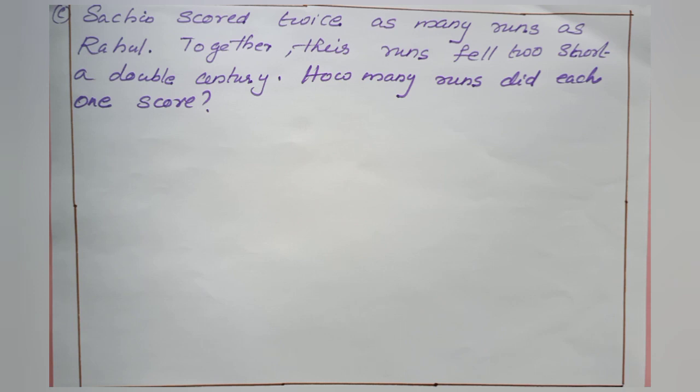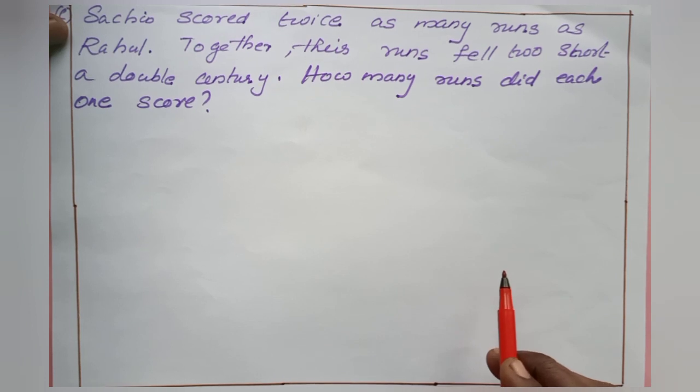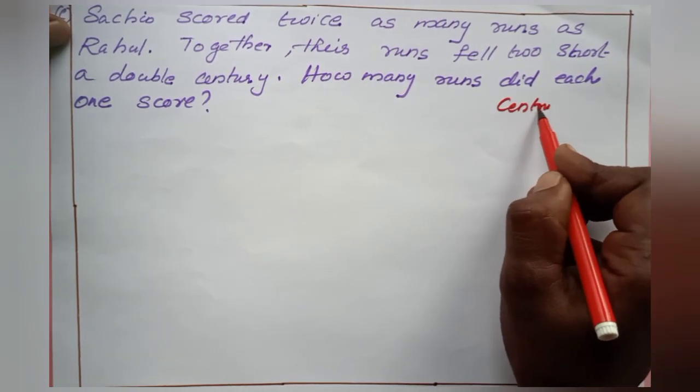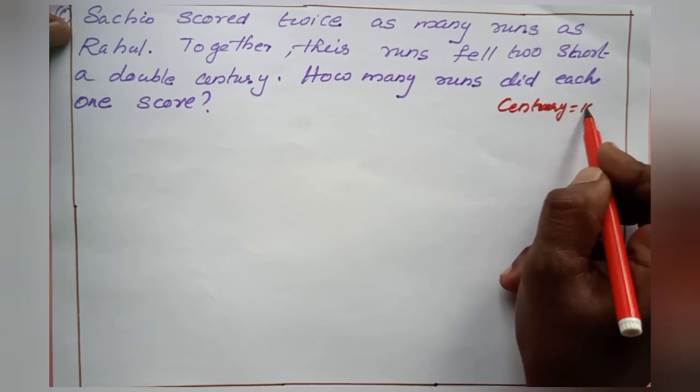Listen to this question. Sachin scored twice as many runs as Rahul. Together their runs fell 2 short of a double century. Listen, century means 100.